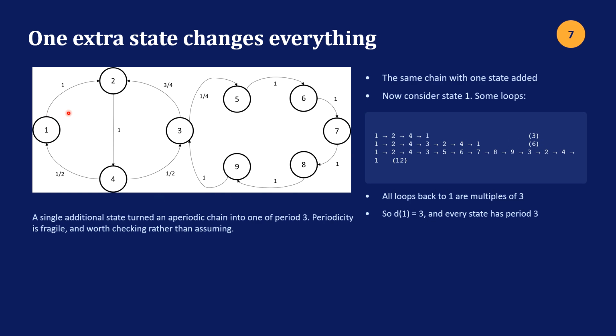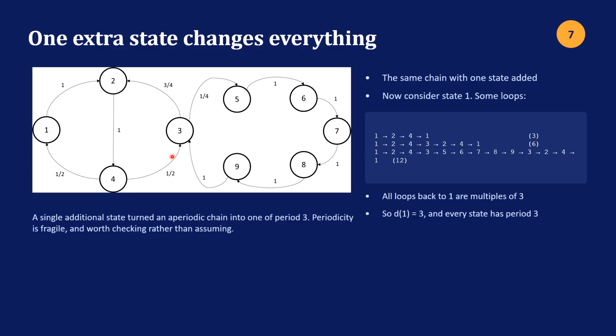Then we can do 1, 2, 4, and then we go out to 3, 2, 4, and 1, so that's 6. And we can do any combinations of those two that I just mentioned, but you're going to get something that's divisible by 3.